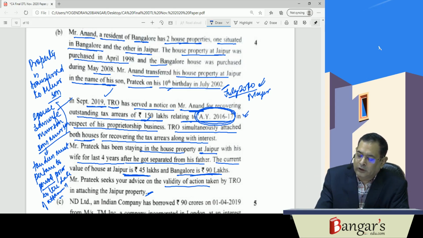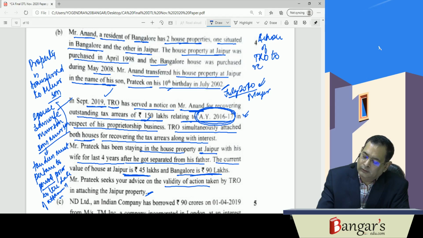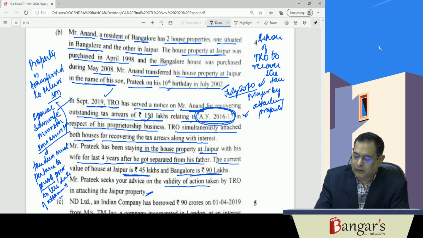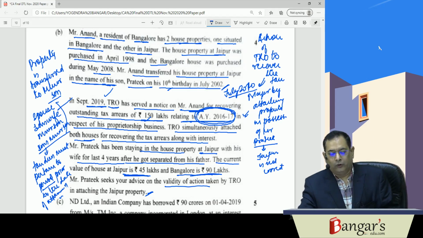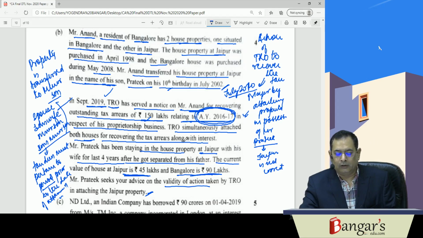So therefore the action of the TRO to recover the tax by attaching the property in possession of Mr. Pratik, that is the property in Jaipur, is not correct.